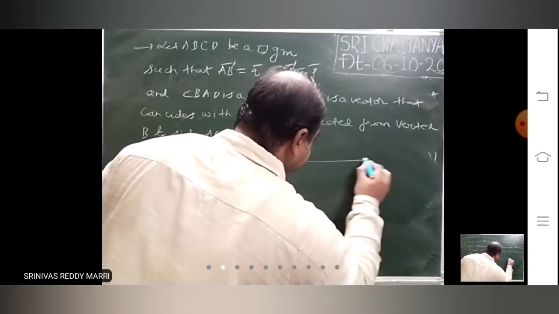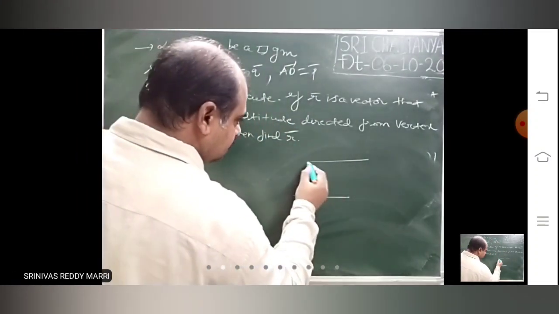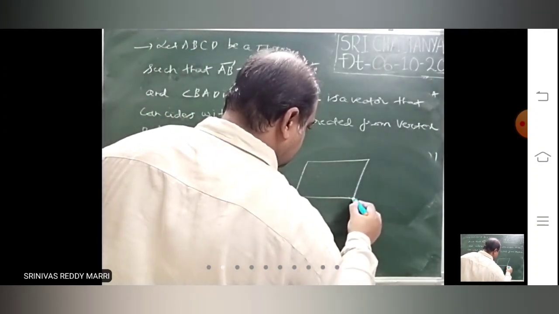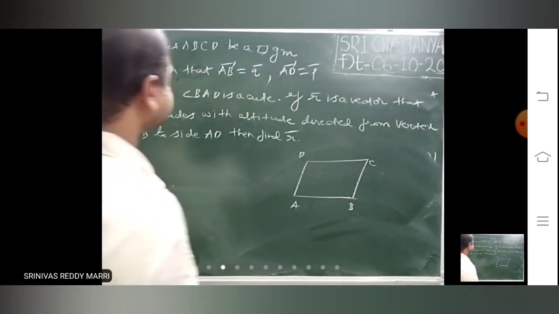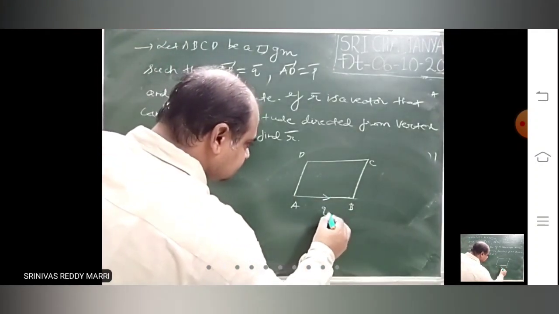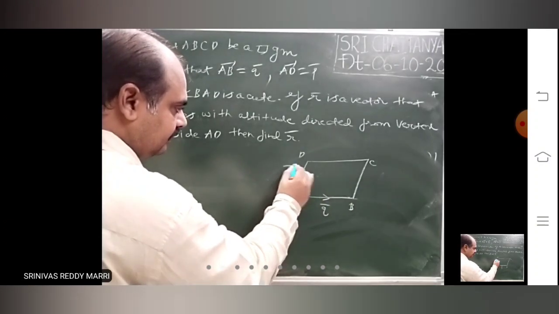So one parallelogram is there like this. AB bar is given Q bar, and AD bar is given P bar.